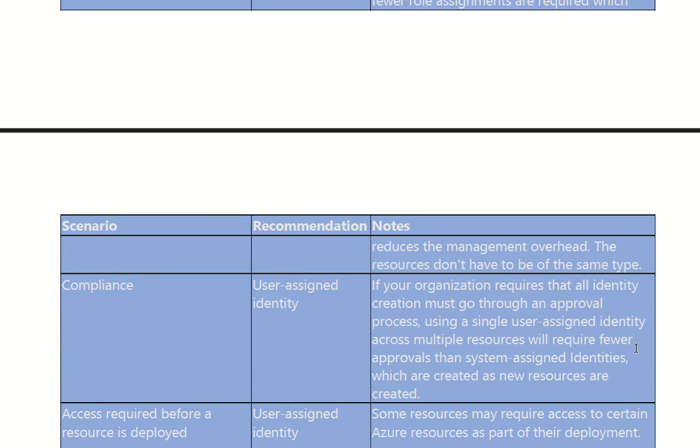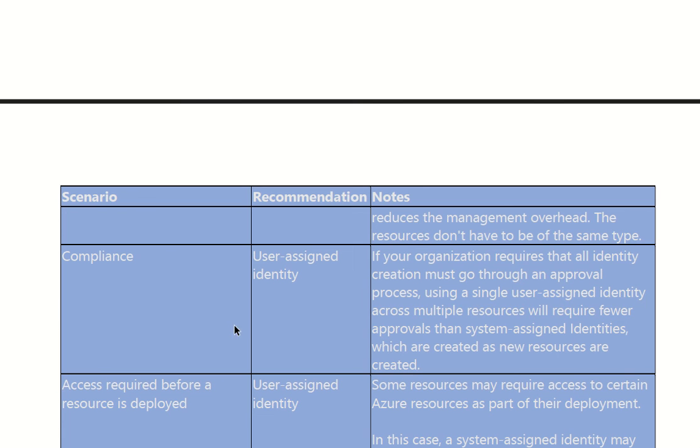Yes, agreed. Compliance. If your organization requires that all identity creations must go through an approval process, using a single user assigned identity across multiple resources will require fewer approvals than system assigned identities, because one user assigned managed identity is being shared across resources. That's why one approval is enough.